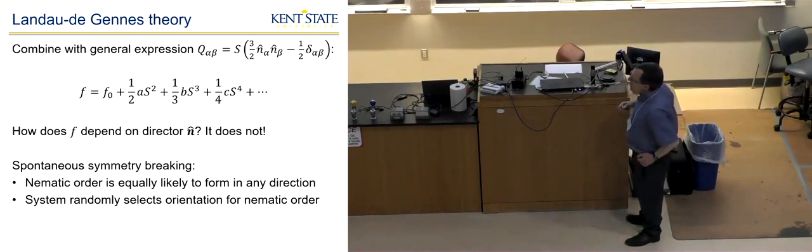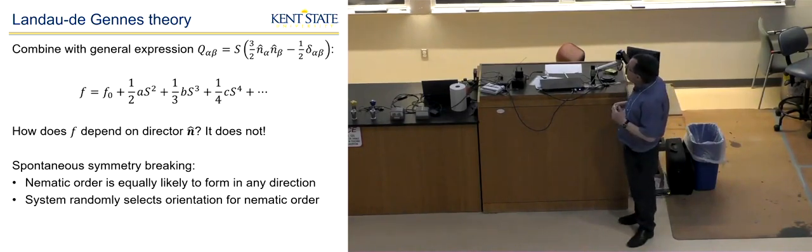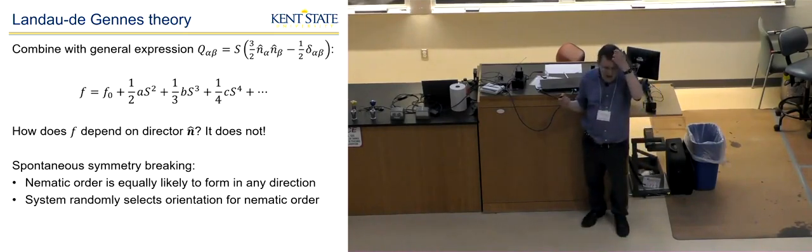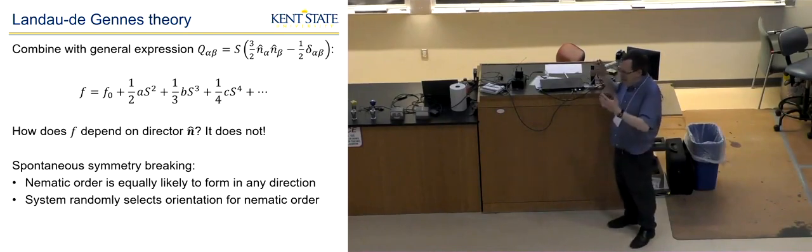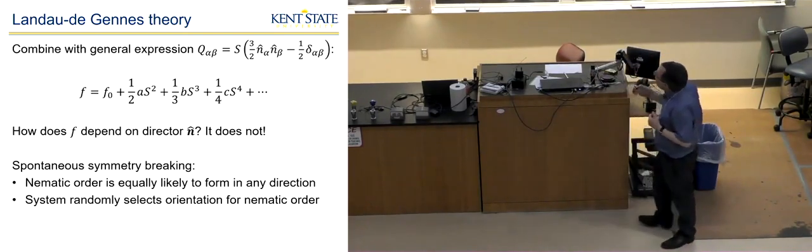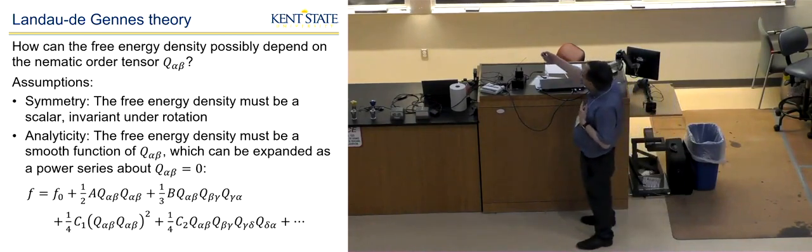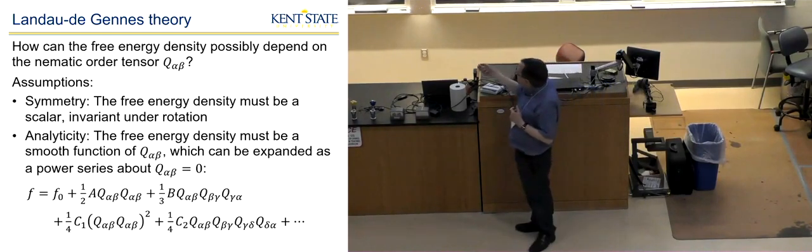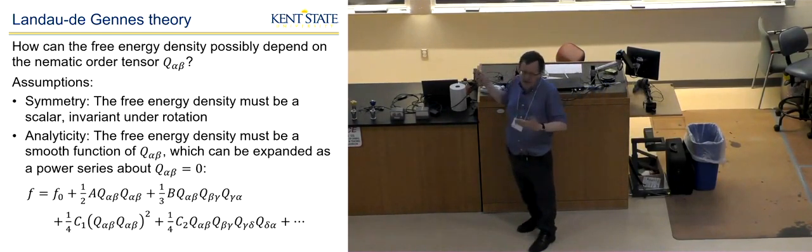This is the kind of expansion that you might recognize if you've seen this style of theory applied to magnetism or superconductivity. But there's a cubic term, unlike in the case of magnetism or superconductivity, where you only have even terms. Why a cubic term? Because you can construct this cubic combination of tensors. This goes along with having a tensor order parameter rather than a vector order parameter.